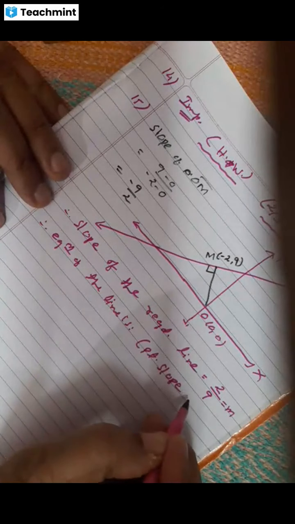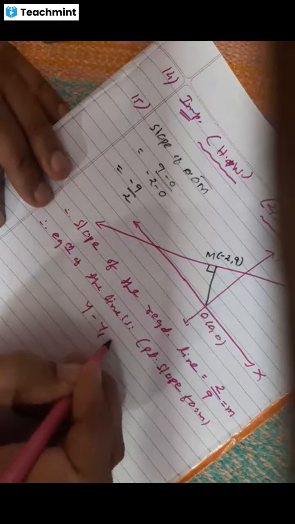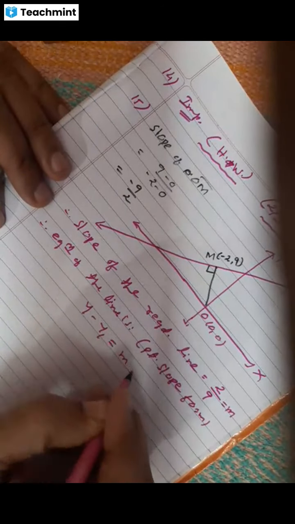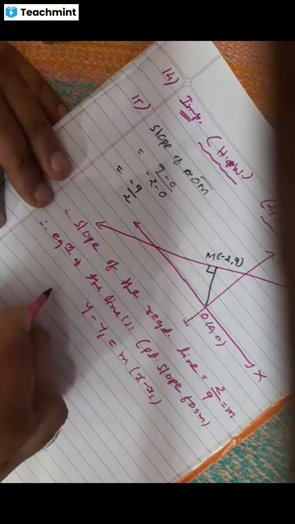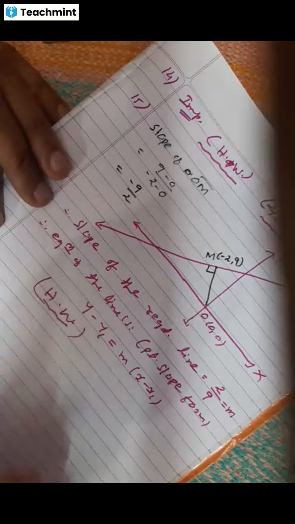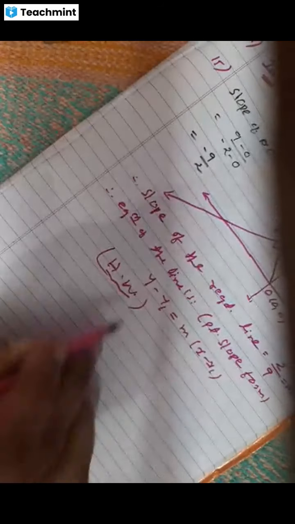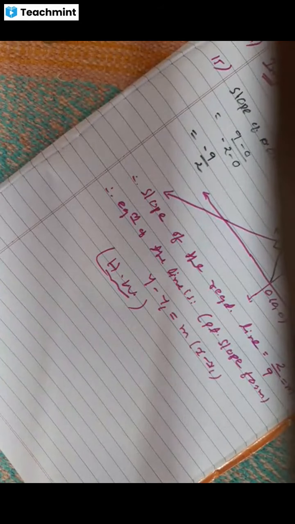Point slope form: y minus y1 is equal to m into x minus x1. And so remaining you just have to finish in the homework. खाली पॉइंट रखो, स्लोप रखो, सिंप्लीफाई करो, दैट्स ऑल. ओके, राइट?